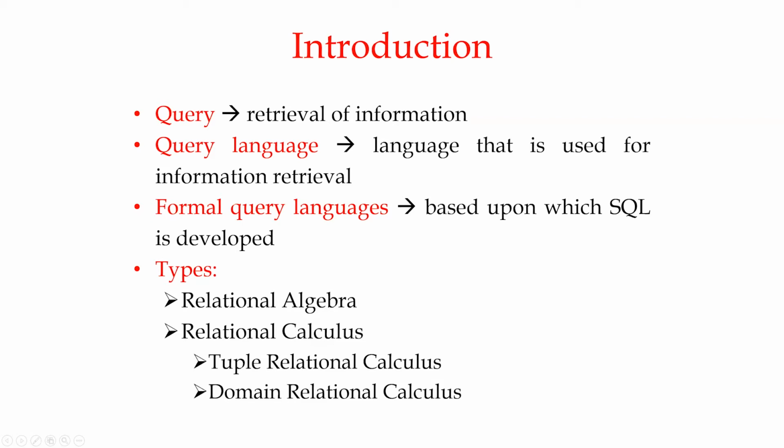That is, it just tells the system what data to retrieve, but it does not say how to retrieve it. Tuple relational calculus helps to select a particular record based on a condition, whereas in domain relational calculus, the records are selected based on the domain. But here we are focusing only on relational algebra.